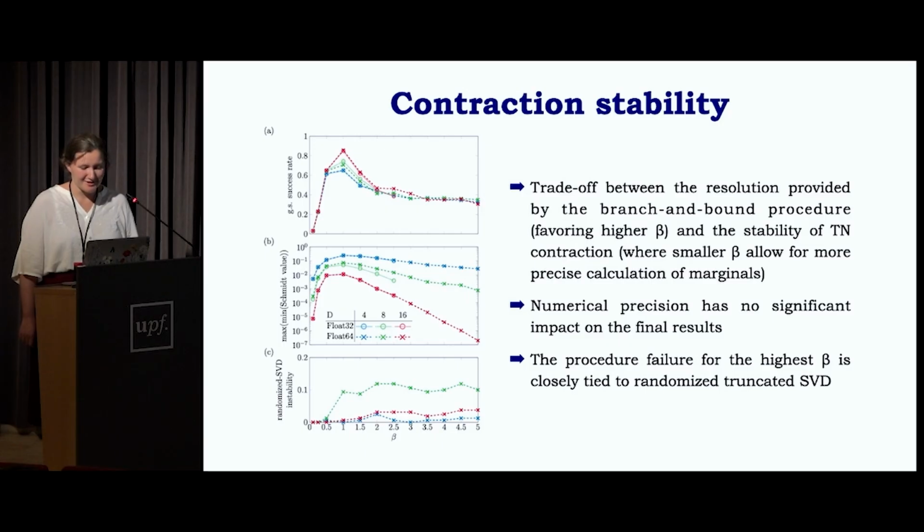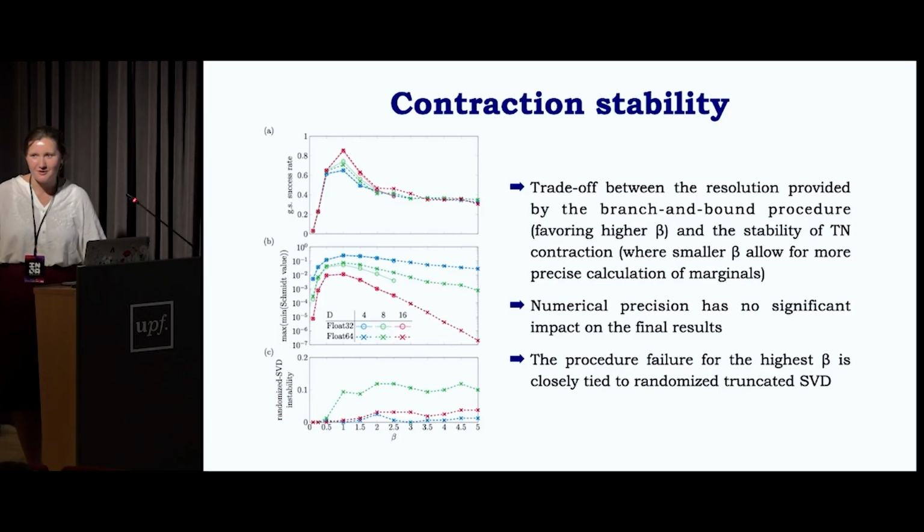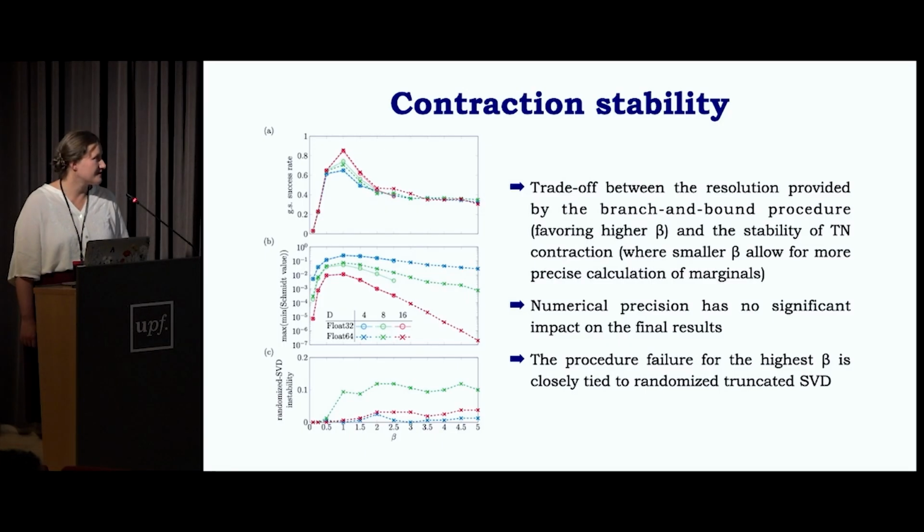This is very interesting for us because we thought that using 32 would somehow be better for us, but it doesn't significantly impact the results, at least with a reasonable beta range. However, things get tricky with higher beta, so with lower temperatures, where tensor contraction failures start happening.